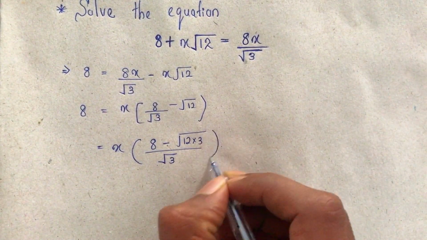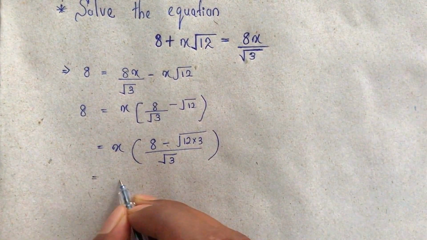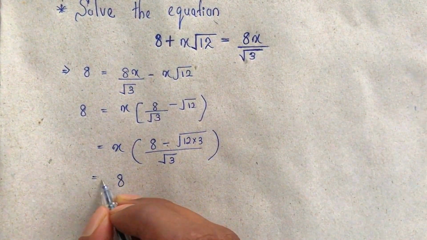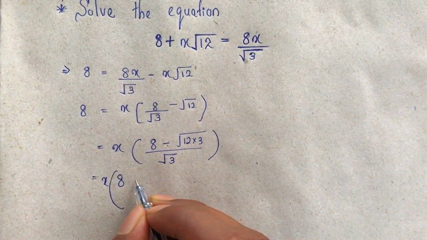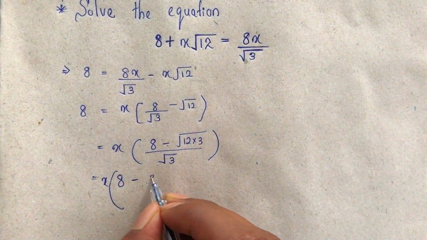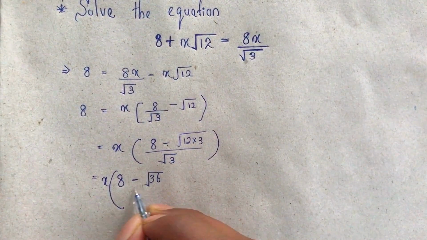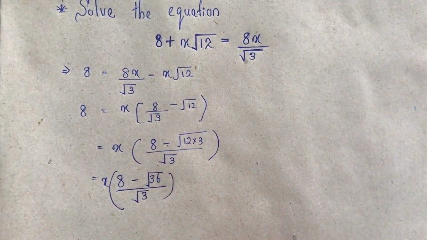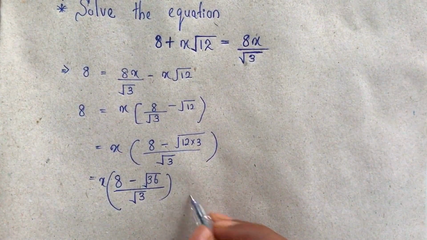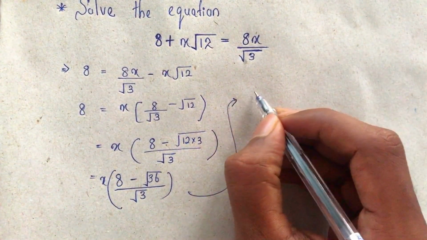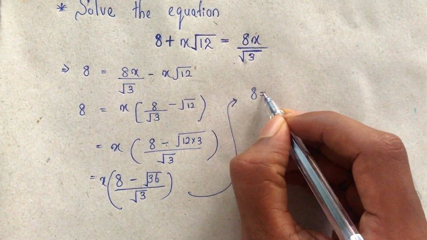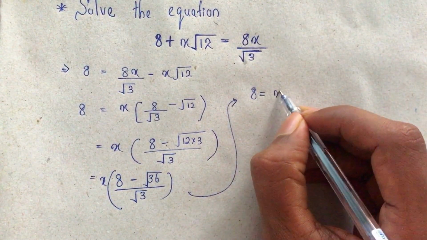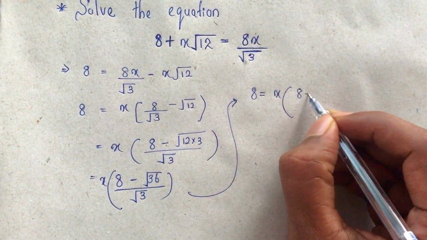Then 8 minus square root 36 over square root 3. You know square root 36 is equal to 6. Then 8 equals x times (8 minus 6) over square root 3.